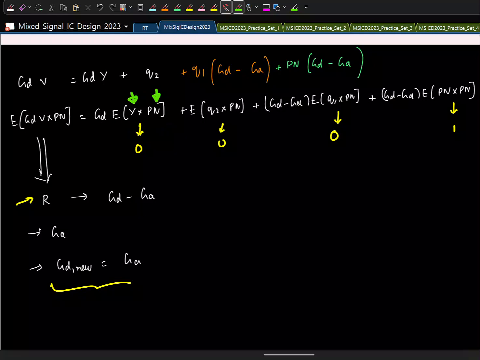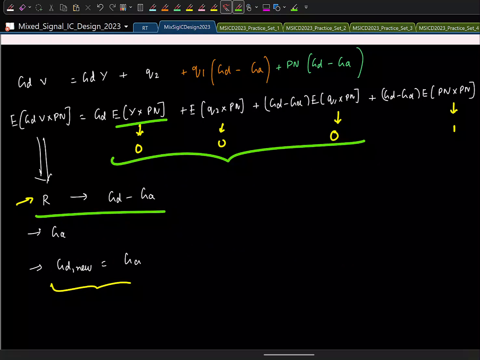But the first term here, we are correlating the input directly with the PN sequence. Now the input is going to have the full scale amplitude, so it's going to be really large. So if this term has to tend to 0, you have to take this average for a really long time. Only then will this average tend to 0. So the convergence will be really long. Only if you take this for long enough will this entire thing tend to 0, and only then will this hold good.